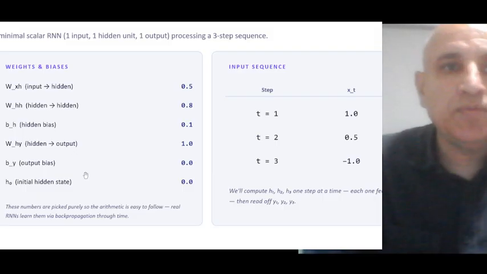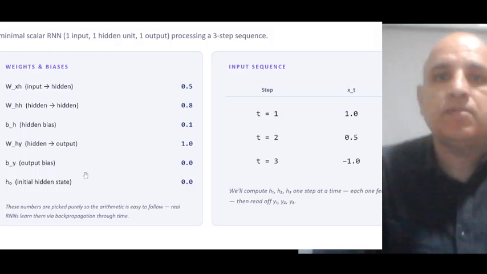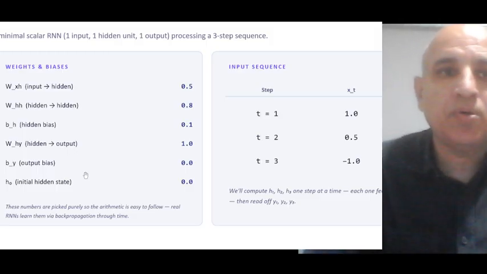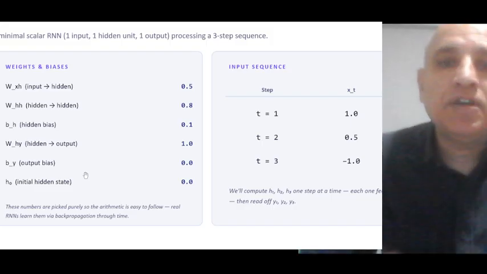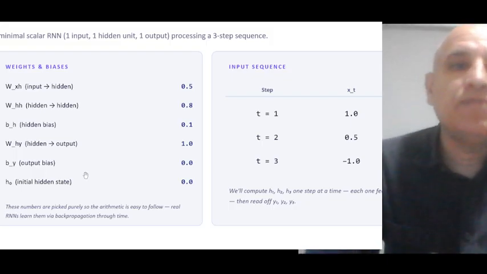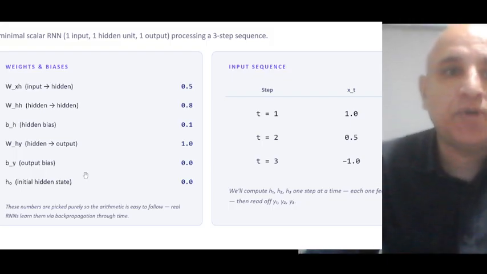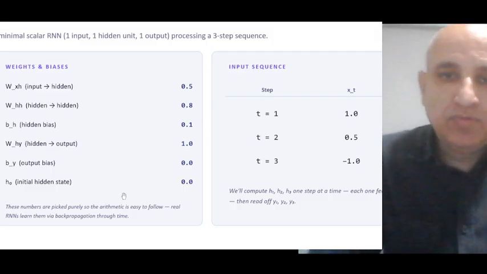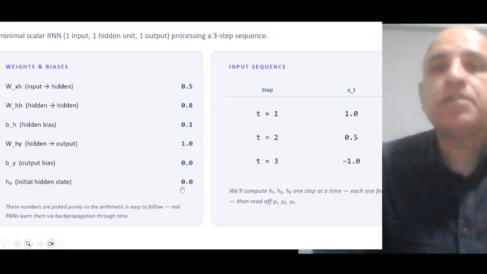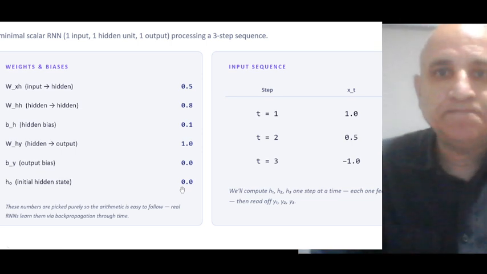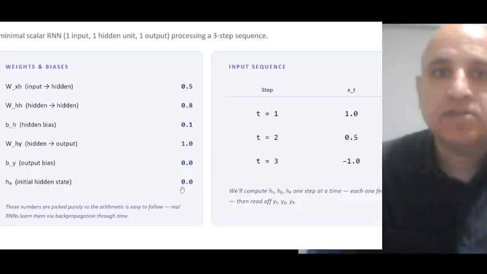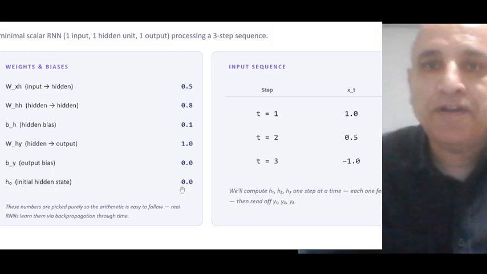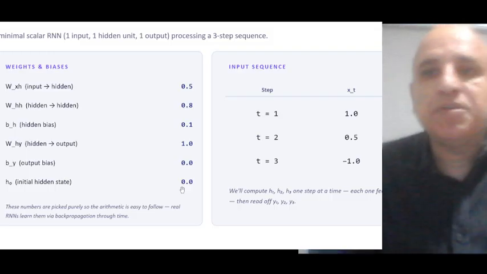Of course, we have to start with some numbers. At the beginning, we don't know anything about the weights. So suppose you can use a random number generator within the range and find weights and biases for these equations, right? We can also initialize the initial state as 0 to start with, because at the beginning we need some numbers for these weights, biases, and initial hidden state.